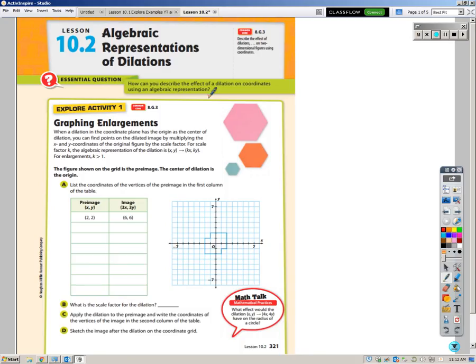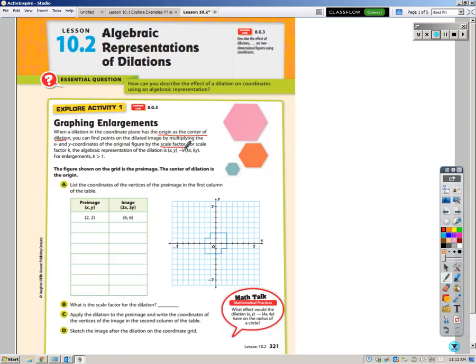So taking a look here at Explore Activity 1, we are graphing enlargements. When a dilation in the coordinate plane has the origin as the center of dilation, so this works when the origin is the center of dilation, you can find points on the dilated image by multiplying the x and y coordinates of the original figure by the scale factor. Okay, that's that ratio that we determine.